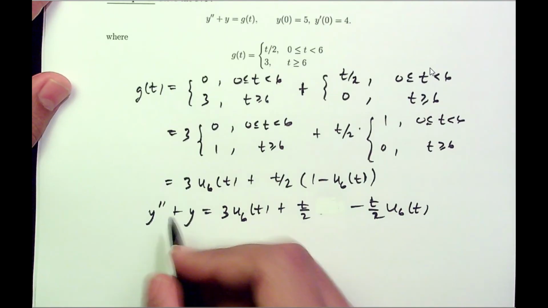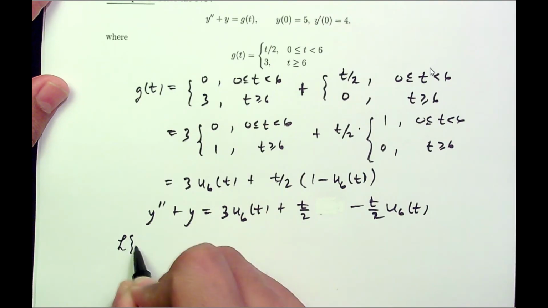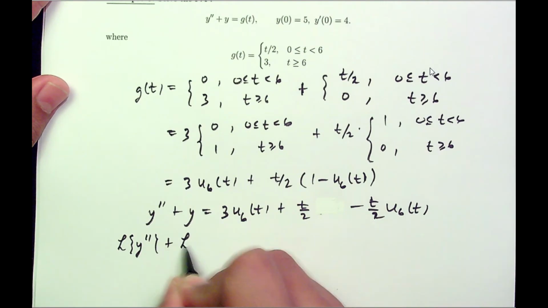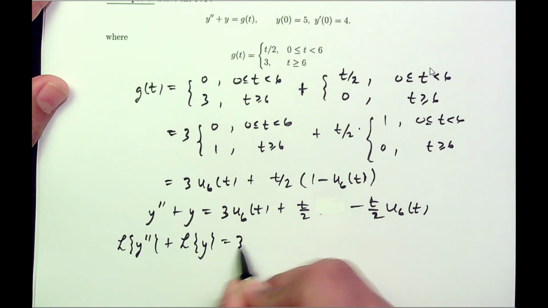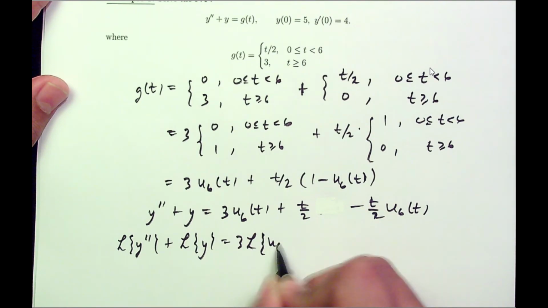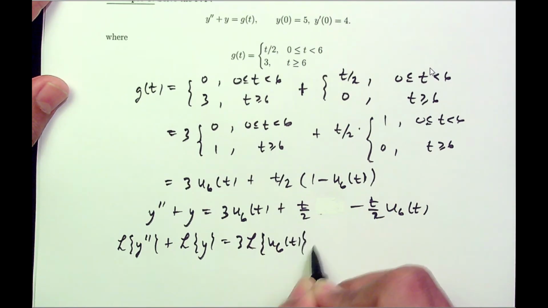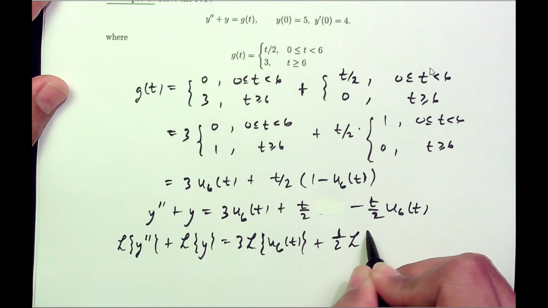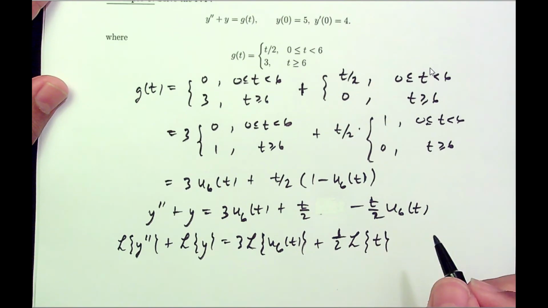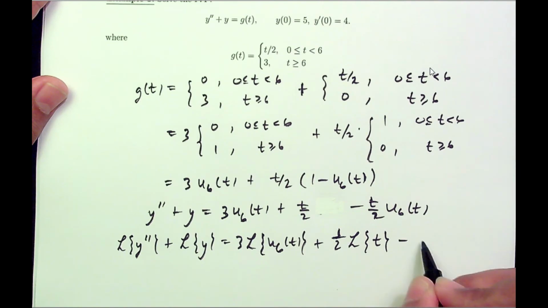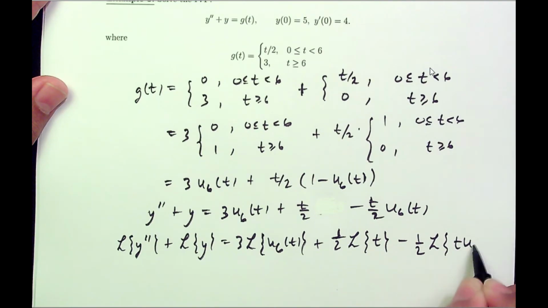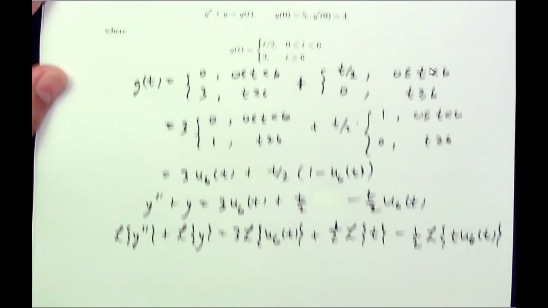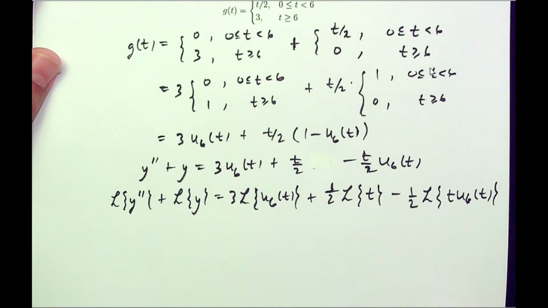Take the Laplace transform of both sides. Laplace transform of y double prime plus Laplace transform of y equals 3 times Laplace transform of u6, plus, factoring the 1/2, Laplace transform of t, minus, again factoring the 1/2, Laplace transform of t u6 of t.